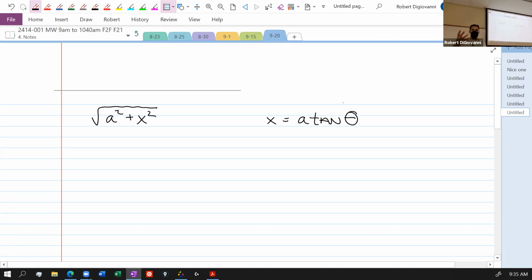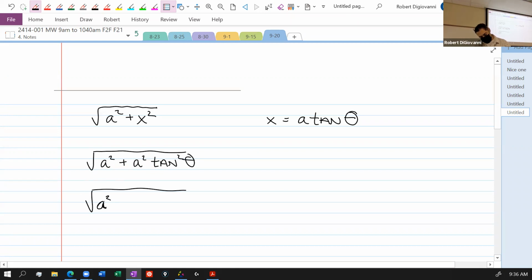Now, let's see why this works. I'm just going to show this one time. If we replace the x with a tan theta, it becomes a squared tangent squared theta. Y'all agree? If I replace that x with this, I get that. Can factor out an a squared, just like we did before.